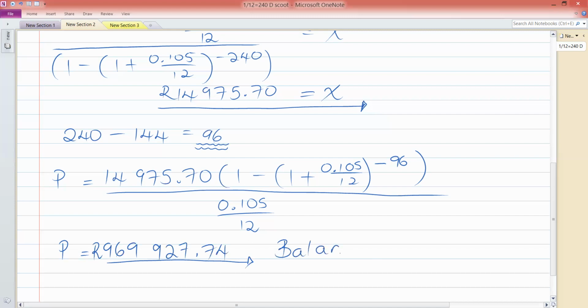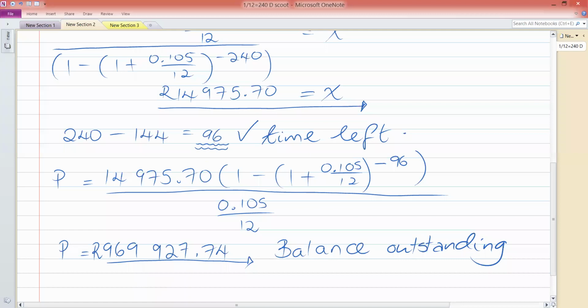Okay. So important things, right? Balance outstanding. You're still using the present value formula. The difference this time, you need to work out the time left. Which is what we did first off, right? Then you plug in your monthly payments. You plug in your time left, and then you work out your final answer. Okay.